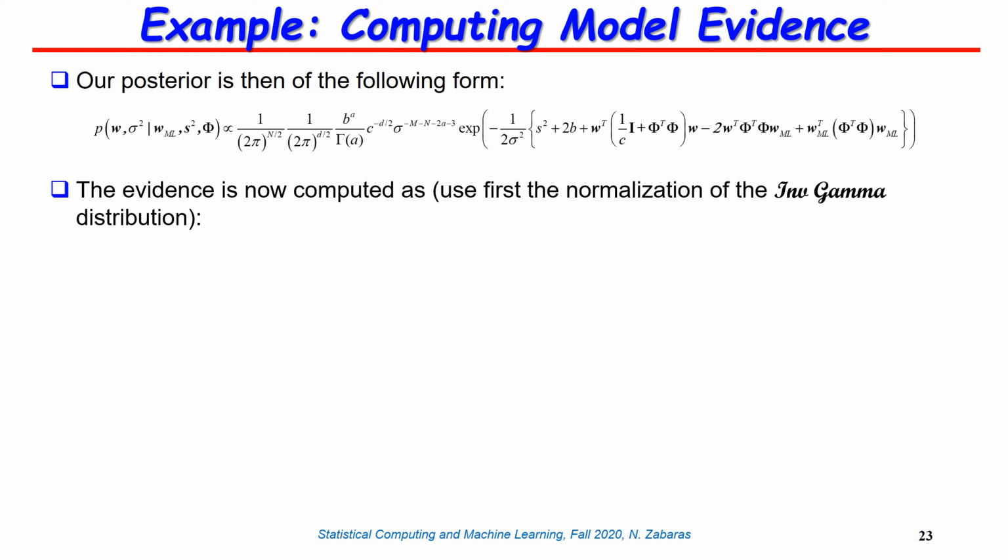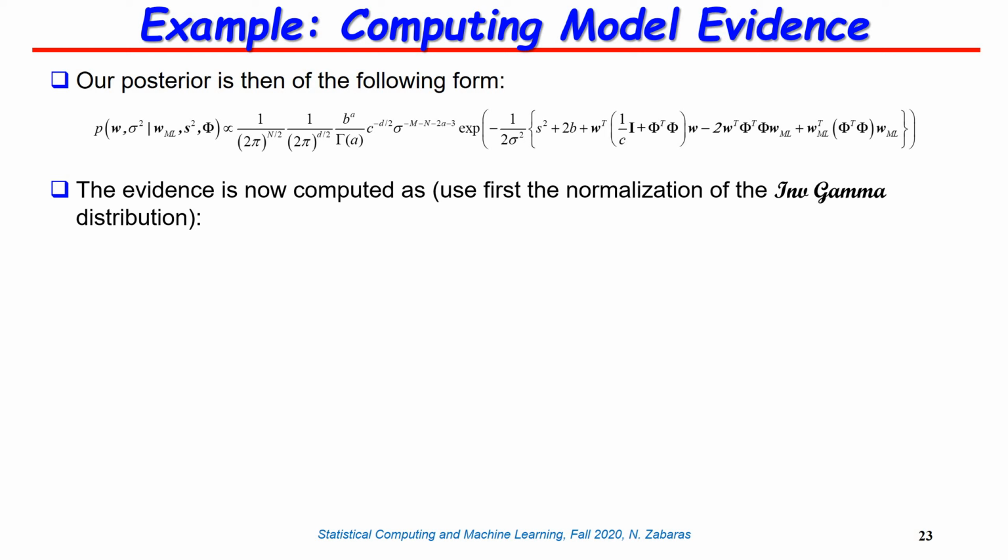This posterior is going to turn out to be a normal inverse gamma distribution, so I don't give you the parameters for that distribution. I want you to take the time and derive those parameters on your own.